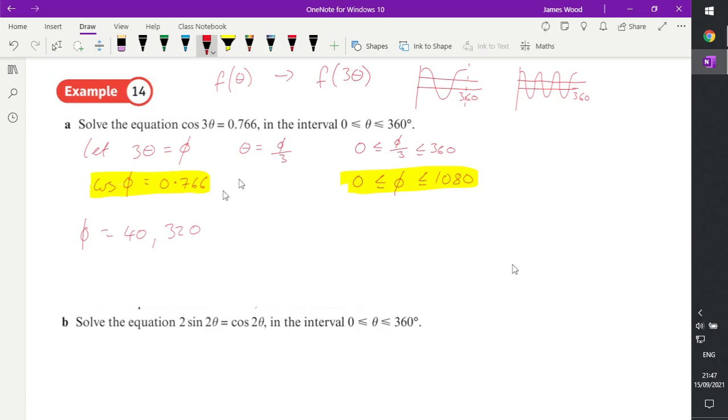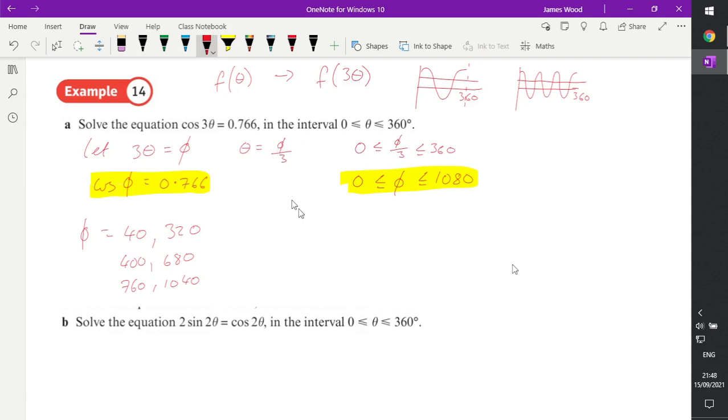So that'd be 400, and 320 plus 360, 680. Now I'm going to take that pair. Remember, I'm looking up to 1080, so there's going to be a lot of solutions. 400 plus 360, 760. And 680 plus 360, 1040. And I think any higher than that, I'm going to overshoot my limit. So those are my 6 solutions, which is what we agreed that we would come up with.